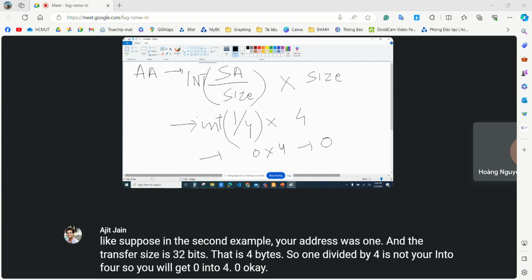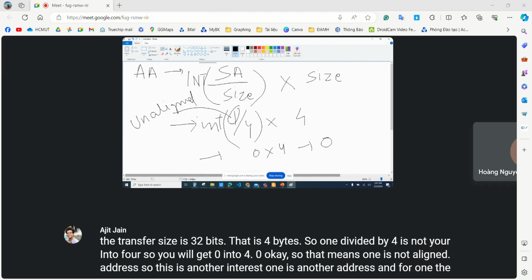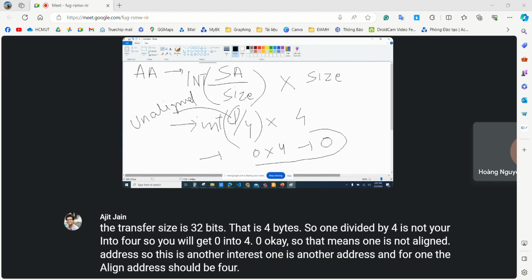Okay. So that means 1 is not aligned address. So this is unaligned address. One is unaligned address, and for one, the aligned address should be 0.